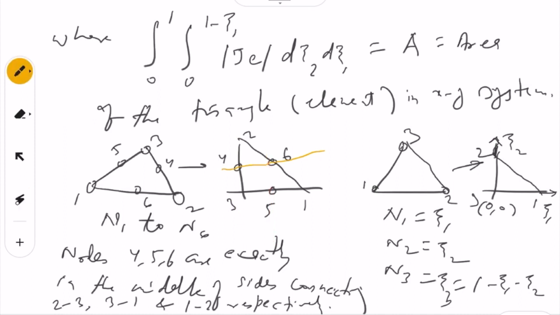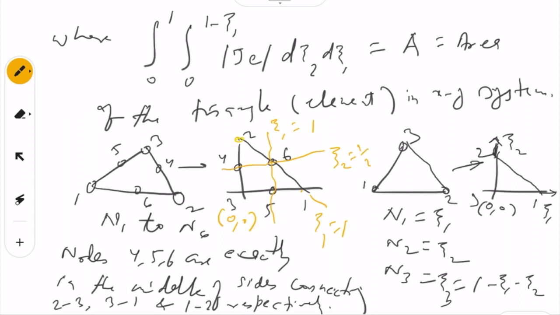So you will have this line and this line parallel as well. So this will be xi2 equal to half, and this will be xi1 equal to half, right? Okay, and here you have xi1 equal to 1, here you have 0, 0, and so on.